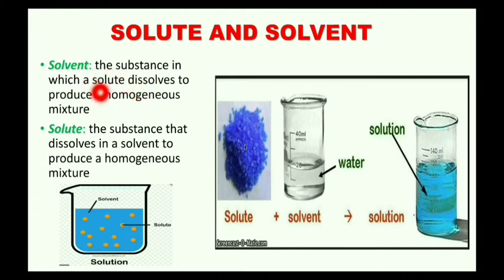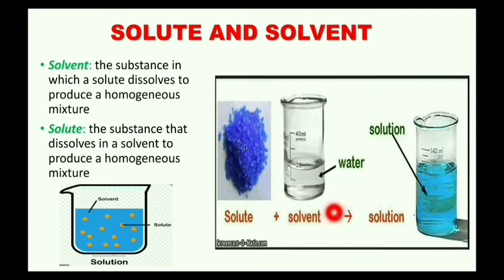So solute dissolves in solvent to produce or give rise to homogeneous mixtures. So here we can see in this picture, water has been taken as a solvent and the quantity of water taken is more in amount compared to that of the solute. So the substance that is taken in larger amount and the substance which dissolves the solute is referred to as solvent.